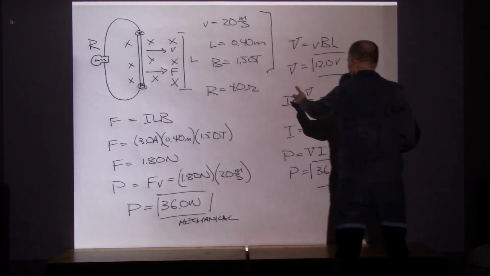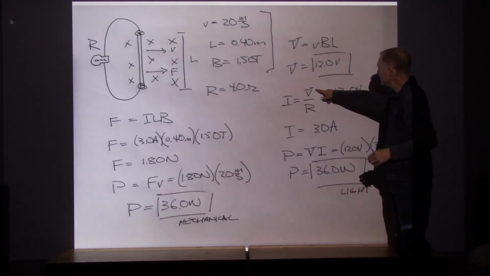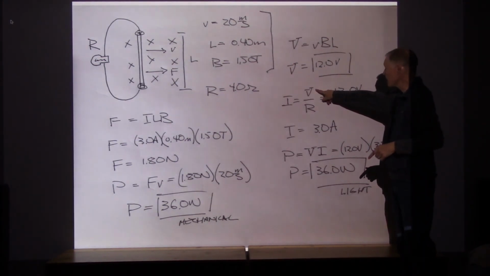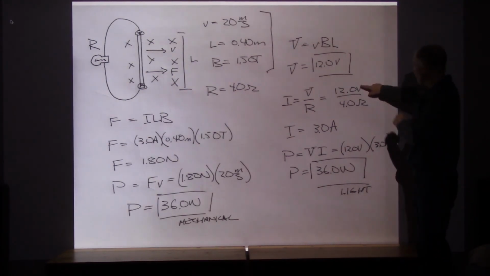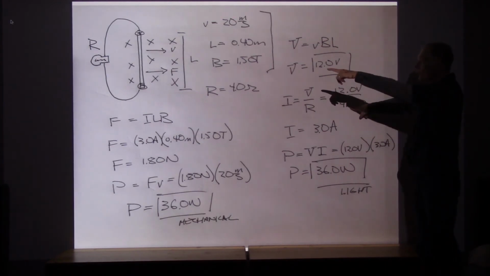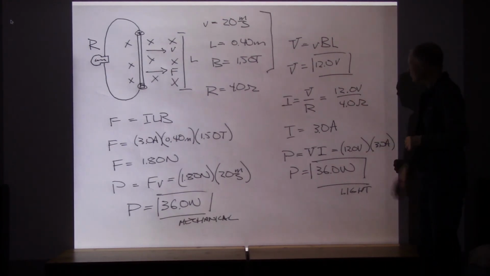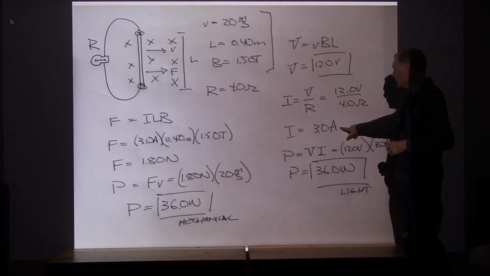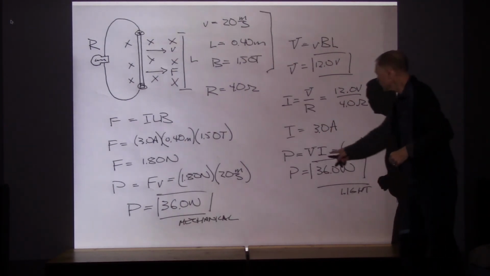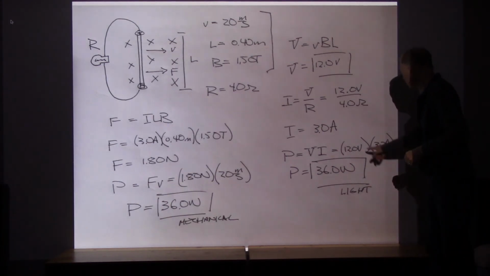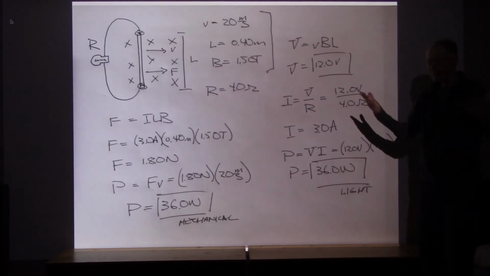As far as the current that we're going to get, that's dependent on the EMF divided by the resistance. That's my 12 volt generator operating a light bulb that is 4 ohms. That means I'm going to have 3 amps of current going through that circuit. Now V times I is 12 volts times 3 amps, that's 36 watts.